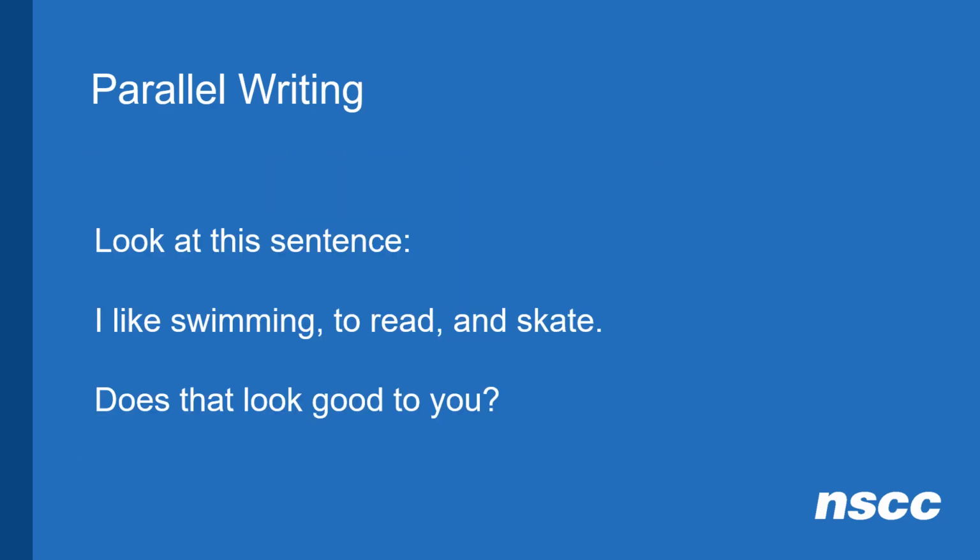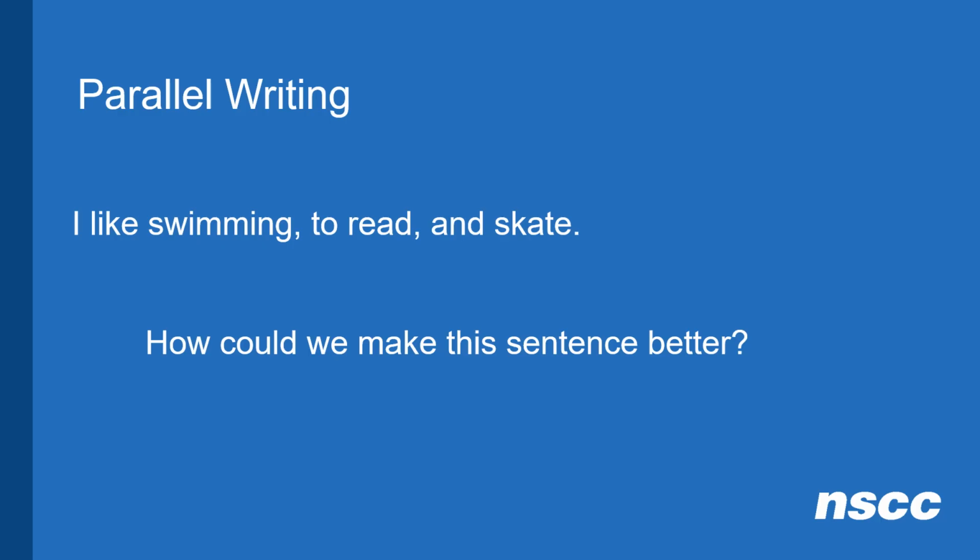Look at this sentence. I like swimming, to read, and skate. Does that look good to you? If it doesn't look good to you, why do you think so? This sentence is not parallel. What does that mean? It doesn't flow smoothly. It is choppy.